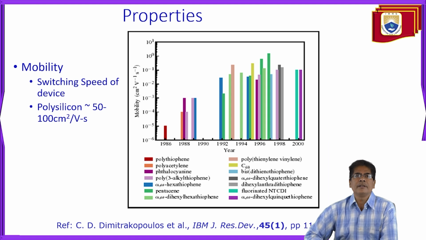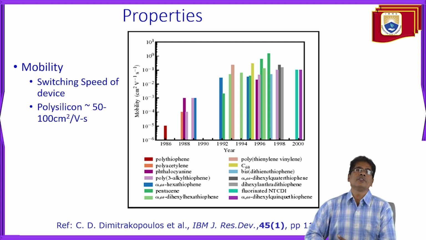So if you come to the properties, we have the mobility, which determines the switching speed of the device, and we have polysilicon approximately 50 to 100 centimeter square per volt per second.